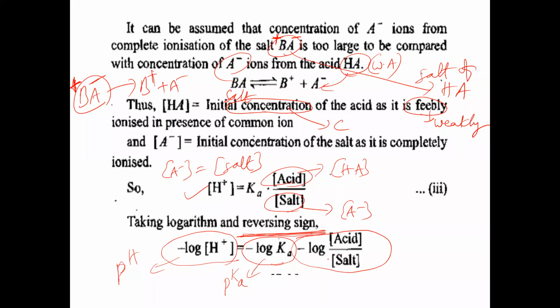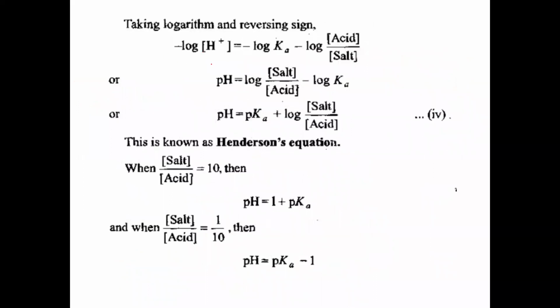Is the concept clear? Now take it here. After this step, minus log H plus concentration is taken as pH, and minus log Ka is kept like that only. Now minus log acid by salt, minus of minus becomes plus.